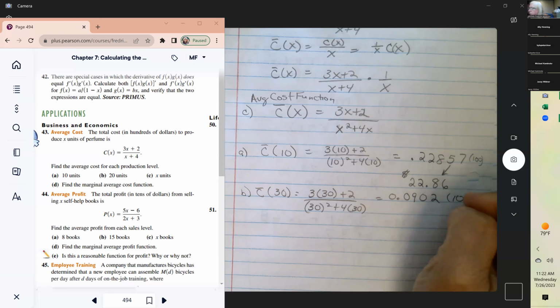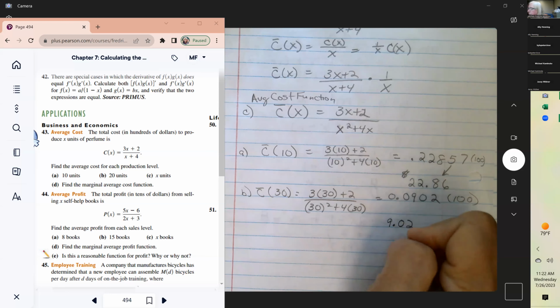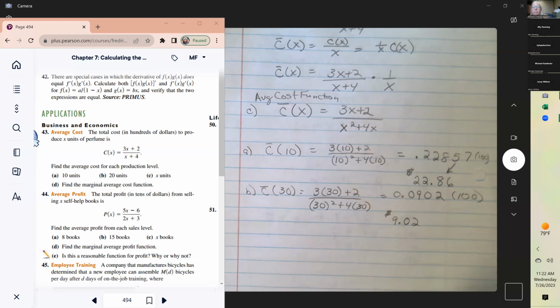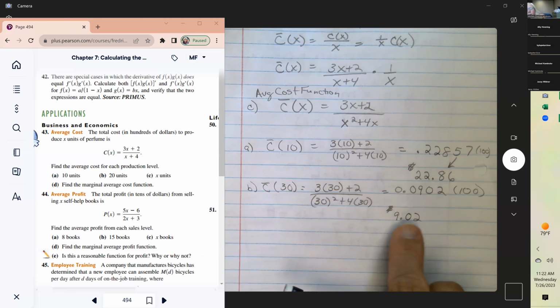And it was in hundreds, so we multiply by 100. If we produce 30 at a time, we get them for $9.02 each. Any questions on that?